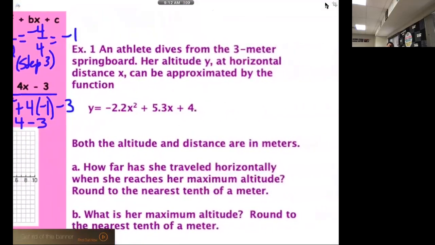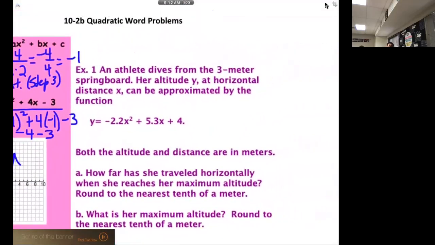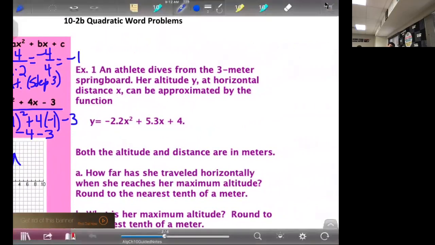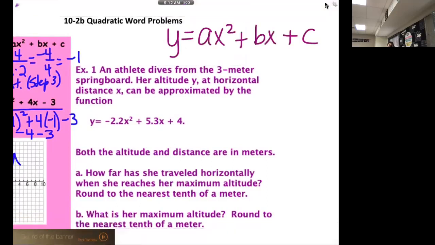But now, we get more problems. We touched on this briefly, but when we have y equals ax squared plus bx plus c, we're talking about how this affects the real world, the springboard, the diver, the whole thing, that this is the height off the ground.